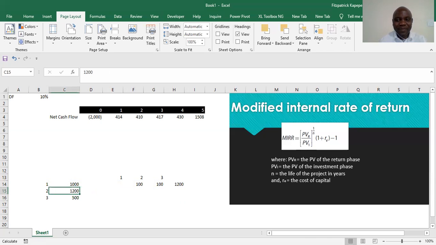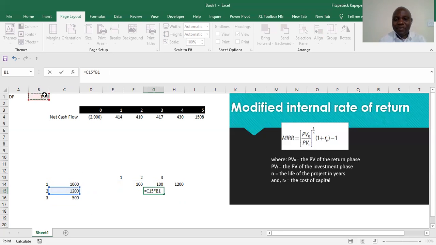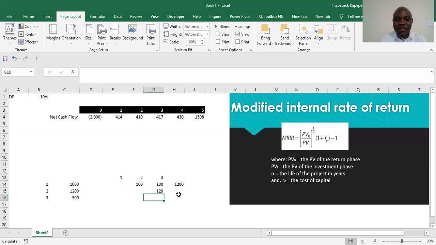This one, the cash inflows in year two, you expect to reinvest in year 3 at the cost of capital. Please understand this concept, at the cost of capital. This is what you're going to have. So meaning that at the end of the project, you're going to make 1,320 from this investment.